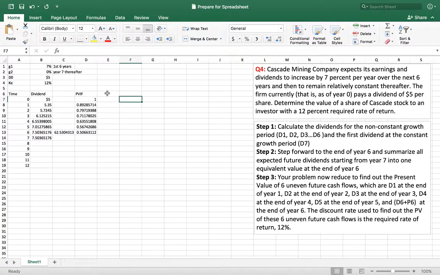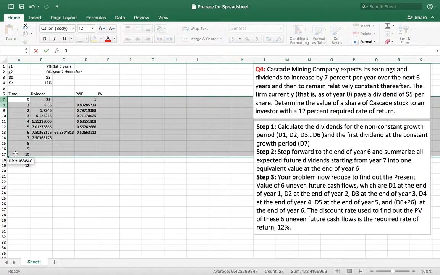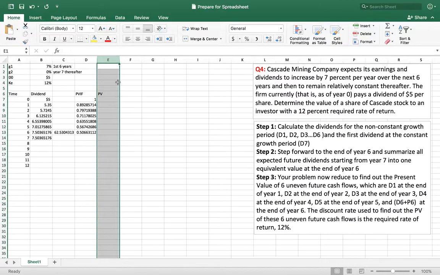I now type present value in cell E6 to indicate the number shown below row 6 in column E represents the present value. The value in cell E8 represents the present value of the dividend at the end of year 1. It is calculated by the formula the dividend at the end of year 1, D1, times the corresponding present value interest factor.